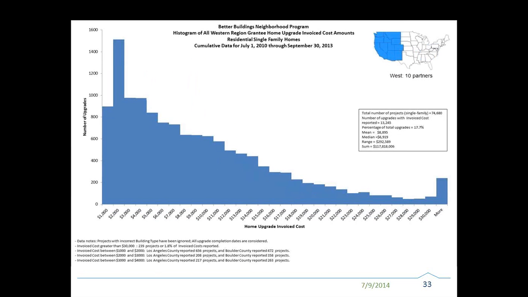And then out west, distribution looking different, a little bit higher invoice cost out there. But we also did see a lot in the 1 to 2,000 invoice cost range coming from Los Angeles County as well as Boulder. So that's just based on what was reported.